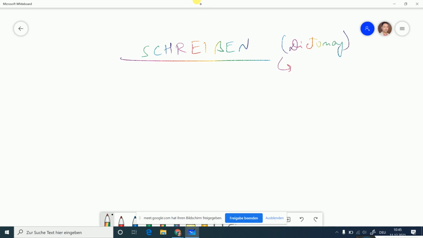Dictionary, by the way, means Wörterbuch. If you find it in the dictionary, you will find schreiben. But if you use it, depending on the cases and the pronouns, we will convert it.